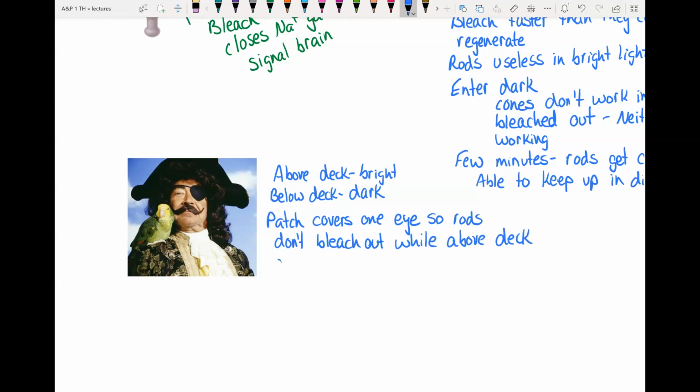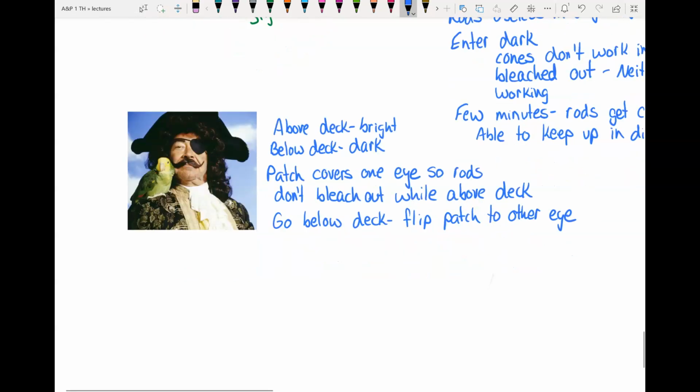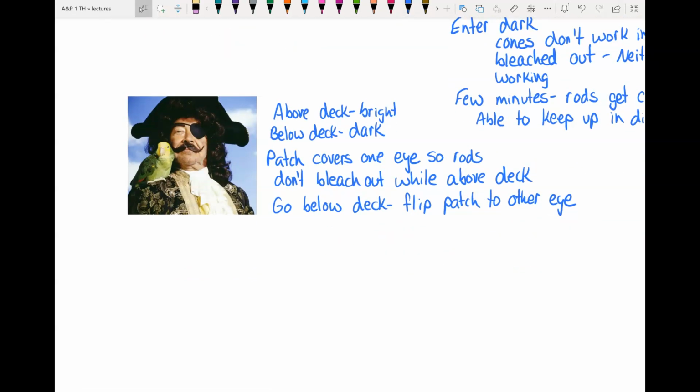Then when you go below deck and it's dark, you just flip the patch to the other eye. Then your eye that is bleached out is covered up and you're not trying to use it anyway. And now you use the eye that is already adjusted to the dark.